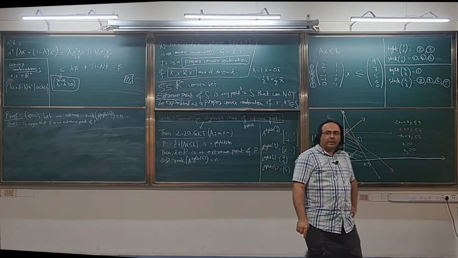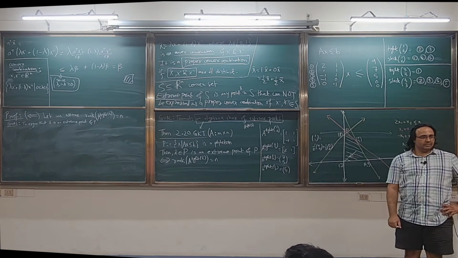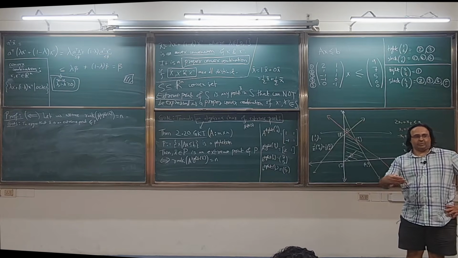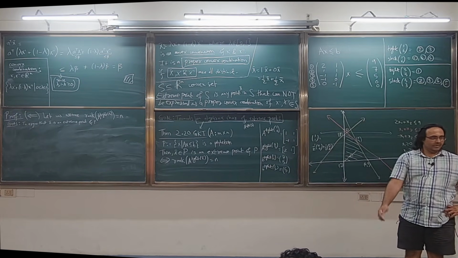Well, what is an extreme point? It is a point that cannot be written as a proper convex combination. Right? So, well, let's suppose you can write it as a convex combination, and then we will argue that it is actually not proper.